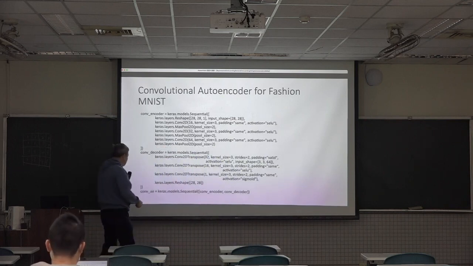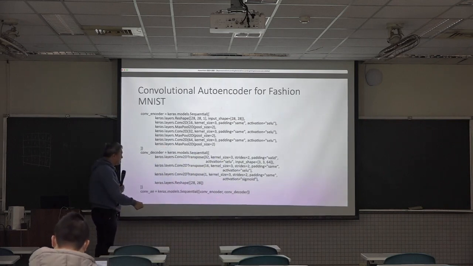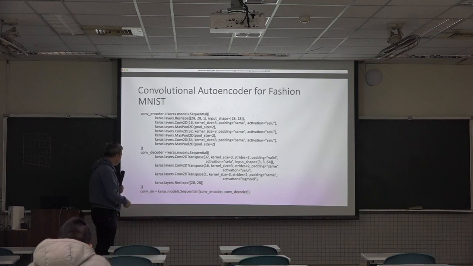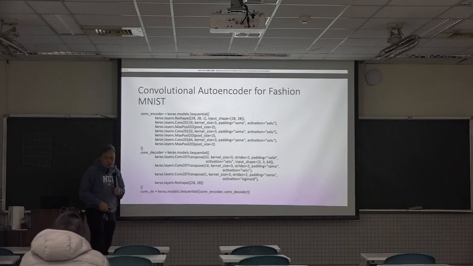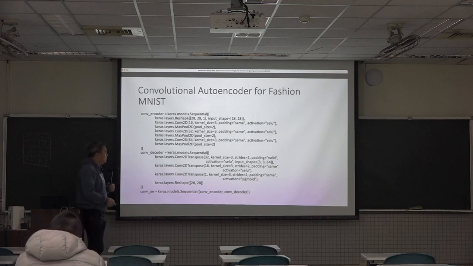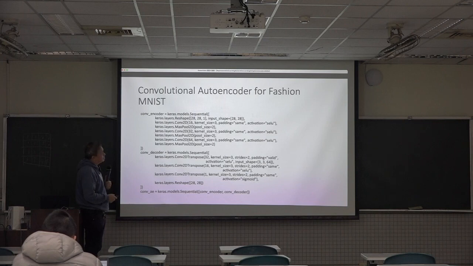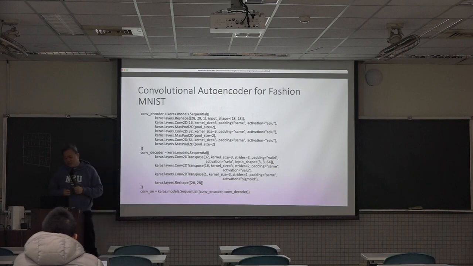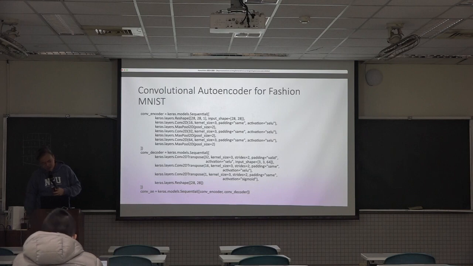Then we combine this conv encoder and conv decoder to form a convolutional autoencoder. You can also train it, and it works well for Fashion MNIST. You can obviously change this to work with any image input.